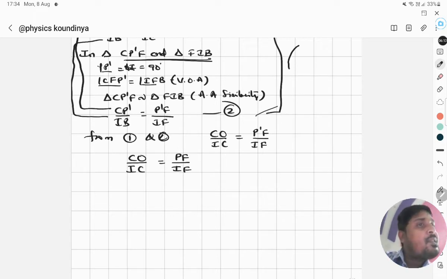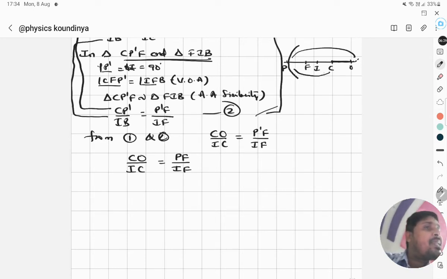See guys, try to understand what I am saying now. So this is P, this is F, this is C, this is object, and here image is there. Whenever I have to say CO, I can write it as PO minus PC.